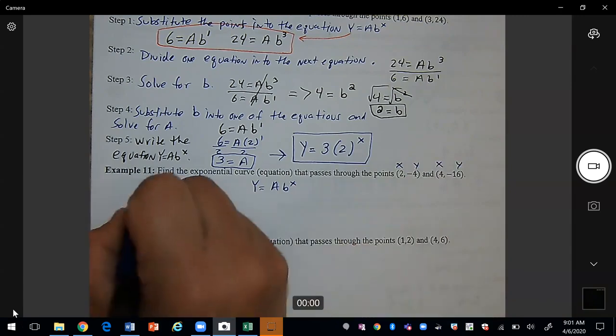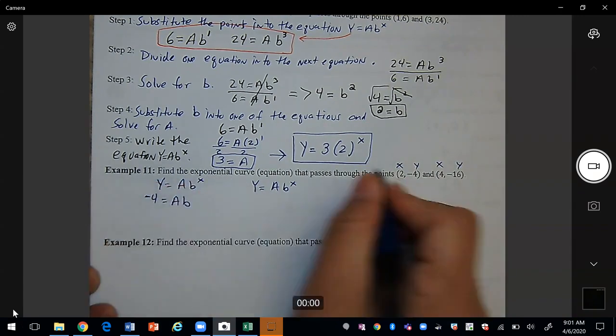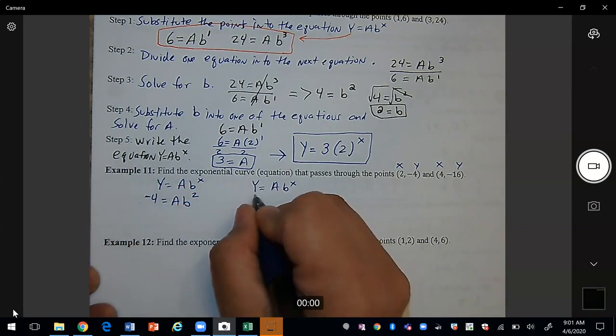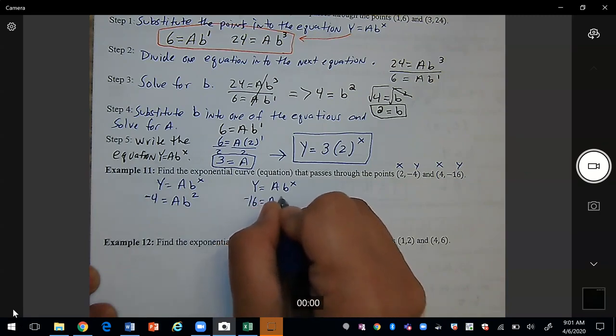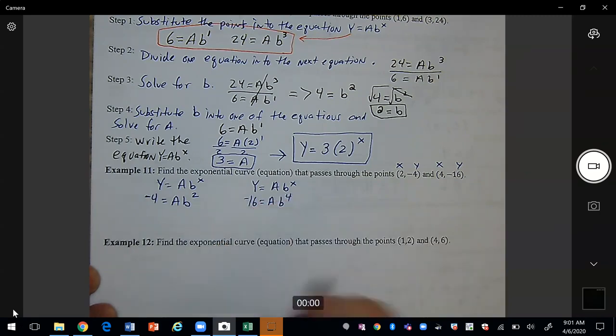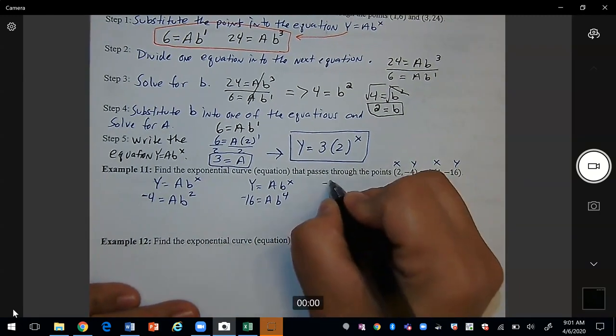So for the first one I have negative 4 is equal to a, x is 2. And then the next one is negative 16 and x is 4. I want to divide them using the highest exponent of b as my numerator.